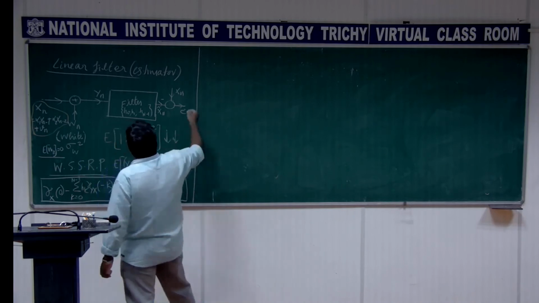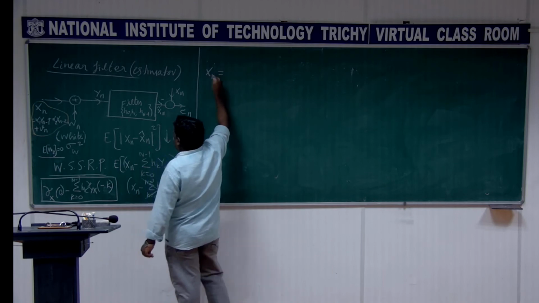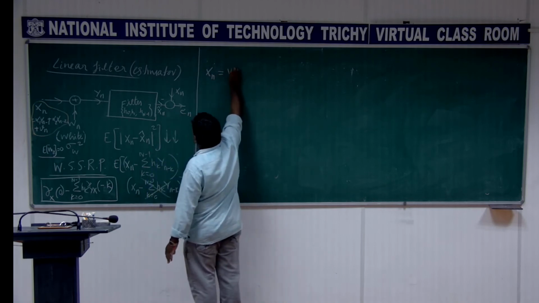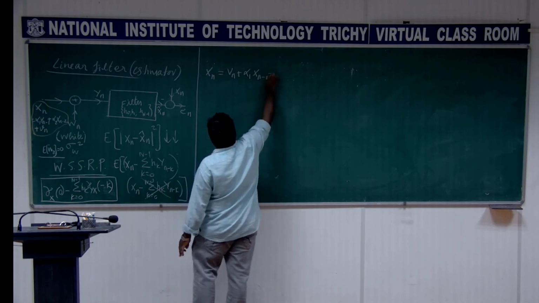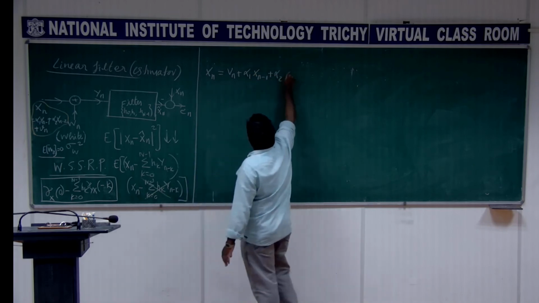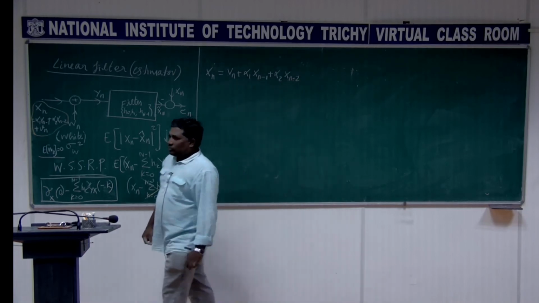Let us take only one coefficient. We'll see how this is happening. So this is what I am talking about, this vn plus alpha 1 xn minus 1 plus alpha 2 xn minus 2, right?